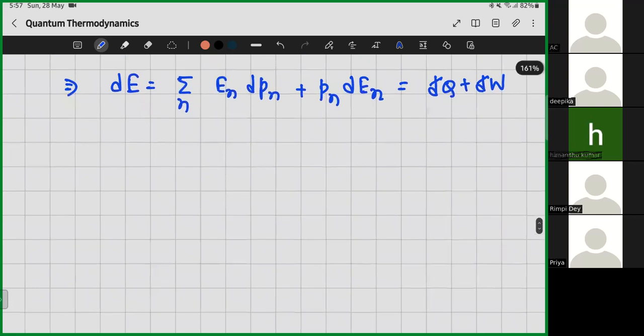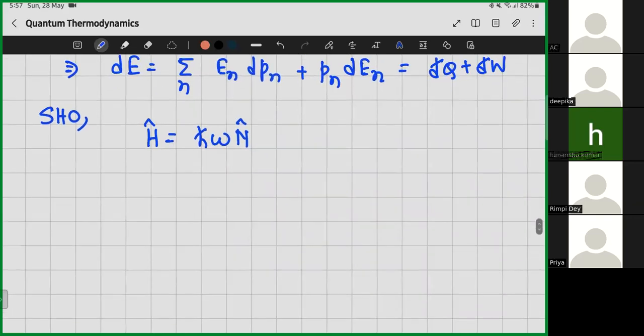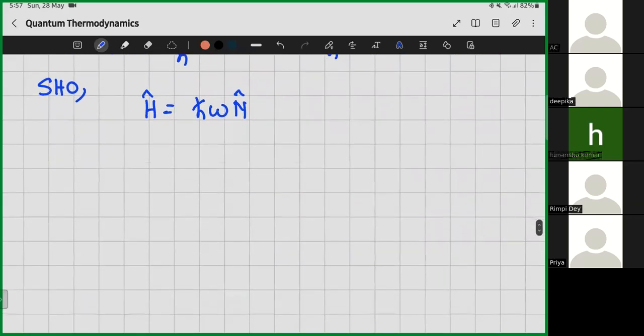Now we can explain our system by considering the simple harmonic oscillator. In that case, the Hamiltonian will be h cross omega n, and there should be a half, but we are not considering the half because that is just a constant term. So the energy E will be the average of H, which is h cross omega n bar.